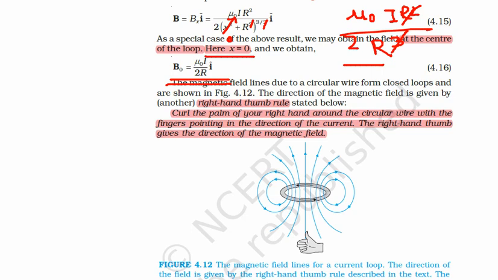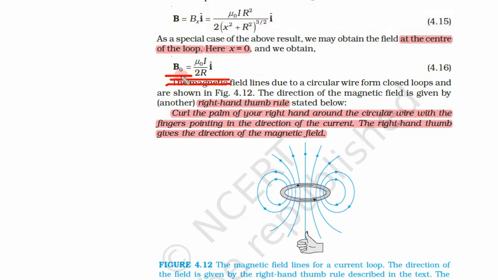This is only one special case, where we are calculating the magnetic field at the center. That's why it is shown as B0, that means at the center, or x is equal to 0, and this i means the magnetic field is in the x direction.